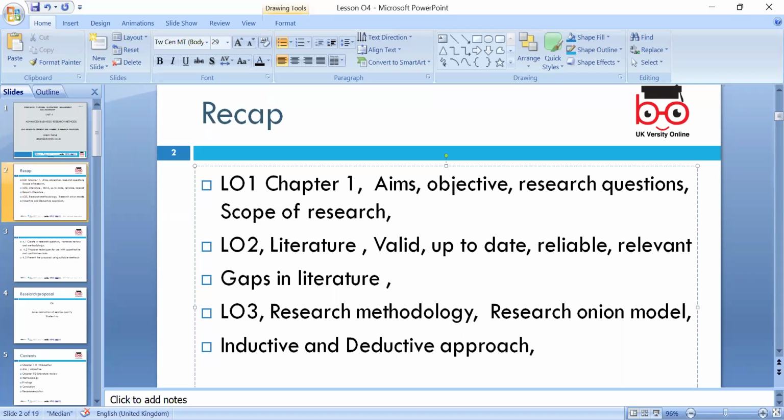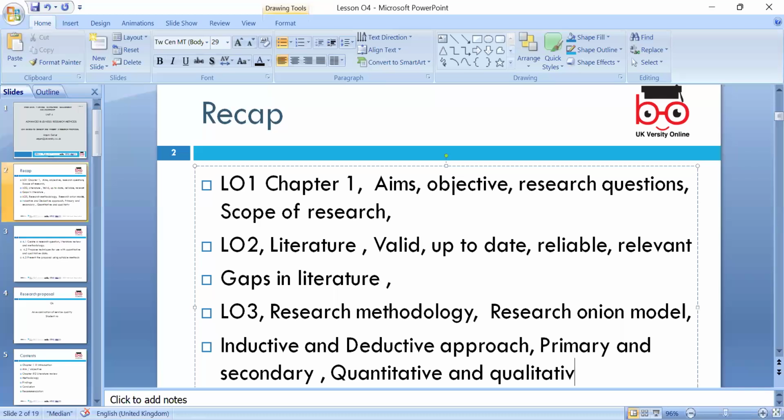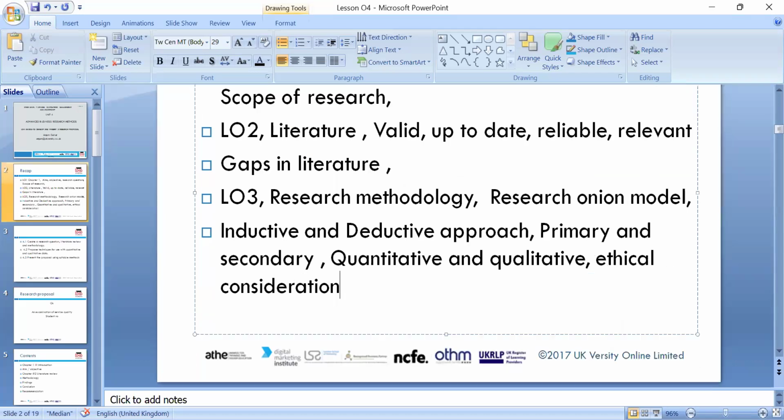We discussed primary and secondary research, quantitative and qualitative research, and ethical considerations which we keep in mind.